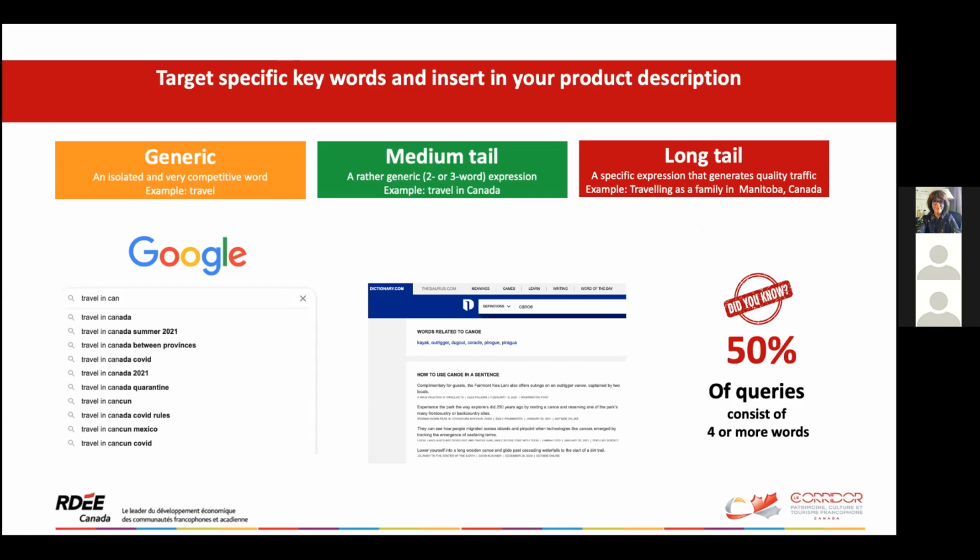So of course, if you are a tourism organization or business, you are in Manitoba, Canada, and you're targeting families that want to travel in Manitoba, Canada, you want to use keywords or key phrases such as that, and then you will most likely be found because there may be not as many competitors that have that as their keywords. So that's why it's very important to target your market and to make sure that you speak to them, you give them what they are looking for before they look for it.